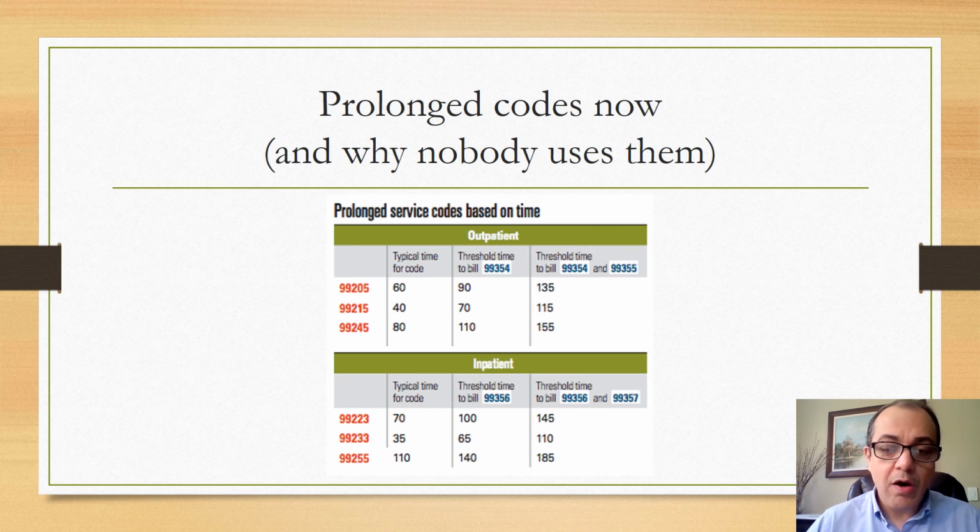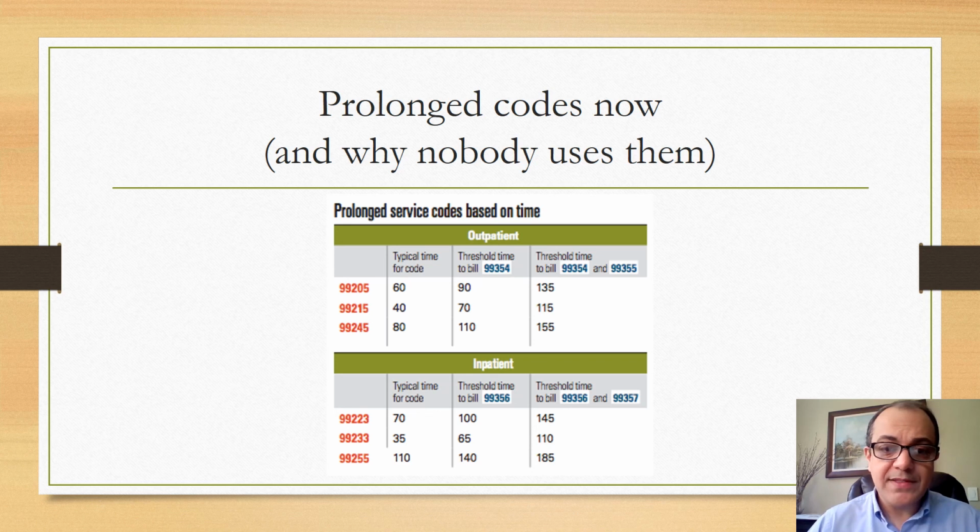So currently there are codes that you could use in case you spend a prolonged period of time with a patient. 99205, for example, the typical time for it is considered to be 60 minutes. That's a level 5 new patient visit.